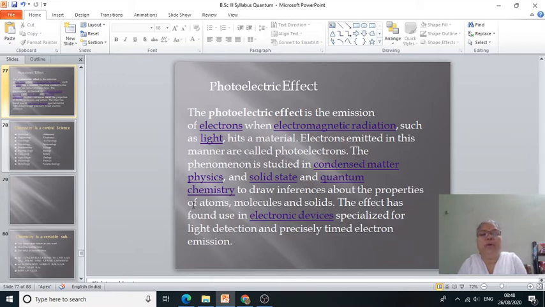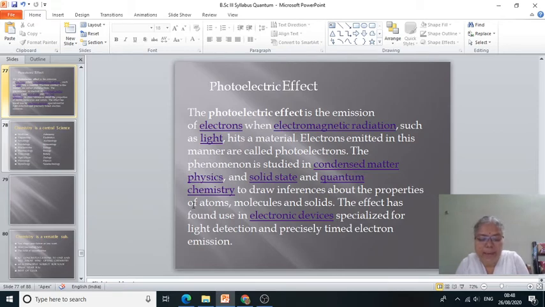This is the first characteristic of the photoelectric effect. The ejection of an electron takes place only when the frequency of light is greater than the threshold frequency, that is the minimum frequency required for the ejection of an electron, and each metal has a different threshold frequency.